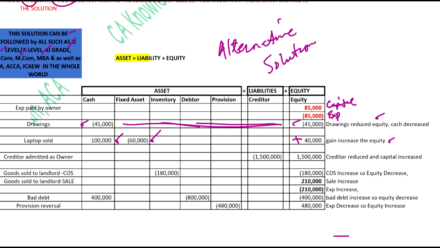Next adjustment. A creditor having a balance of 1.5 million has been admitted to partnership. Creditor reduced and capital increased.